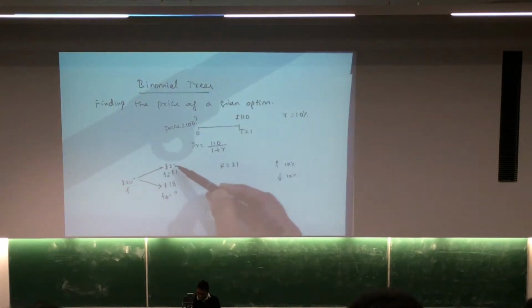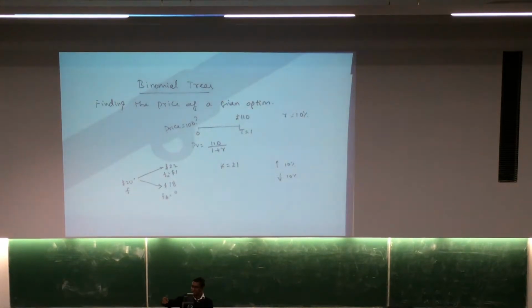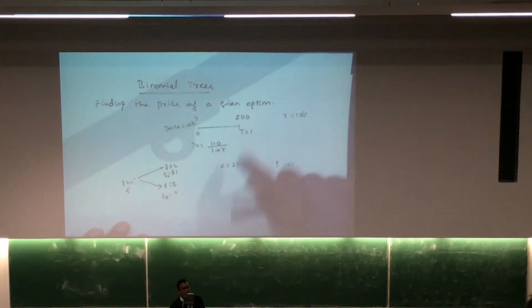If the world is going to be like this, that means the stock price is going to be 22, you can see the value as 1. If the world is going to move in this direction, then the value of the option is going to be 0.